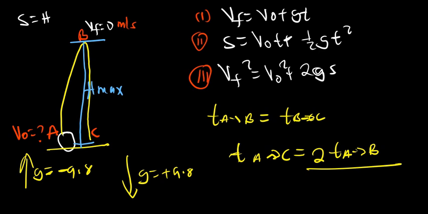That is how long it was in the air. Sometimes they'll ask you to find the time it takes the ball to come back to the ground. It's basically the same as the time it was in the air.